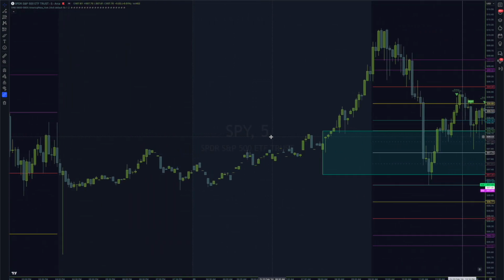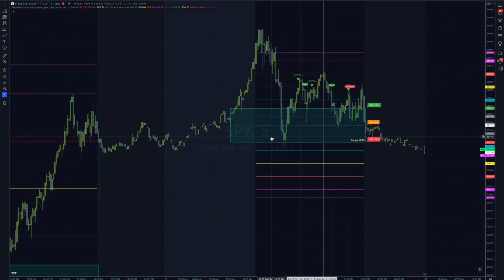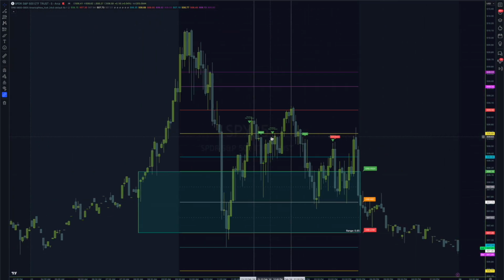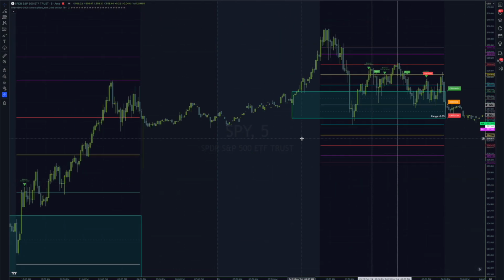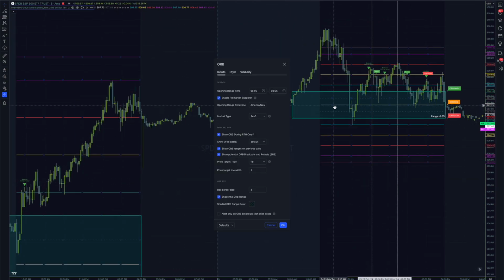So it's a little bit different, and I don't know how many people are really using it, but it's pretty good. Now on this day, of course, you're way over the ORB when the market opens, so you're sitting on your hands. But then look here, you get a nice break back out. Definitely something you could scalp. Still scary, of course, with all these wicks, but definitely check out different ORBs.